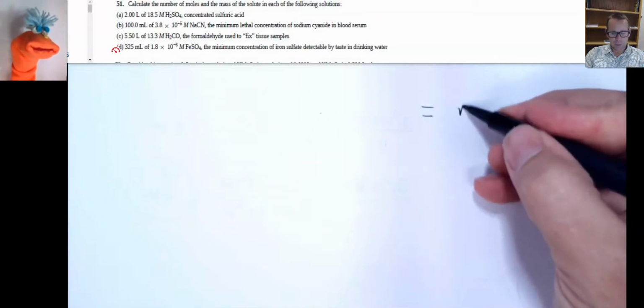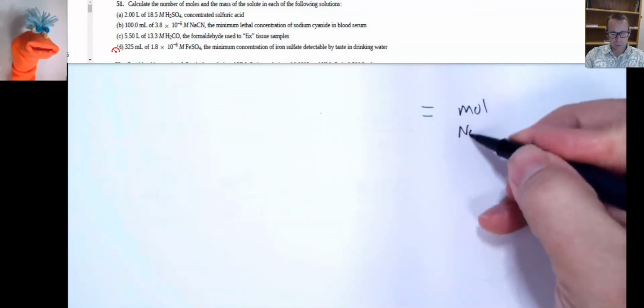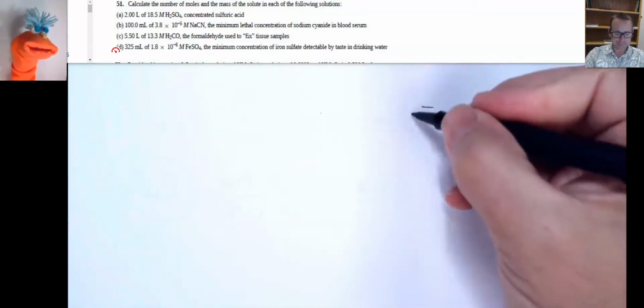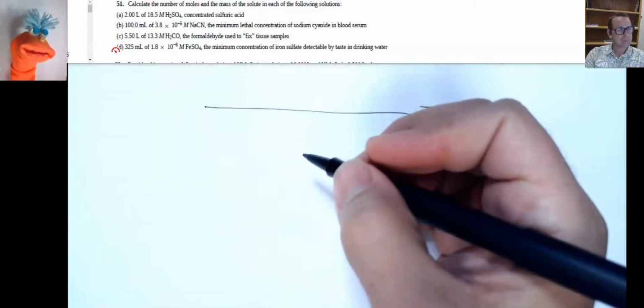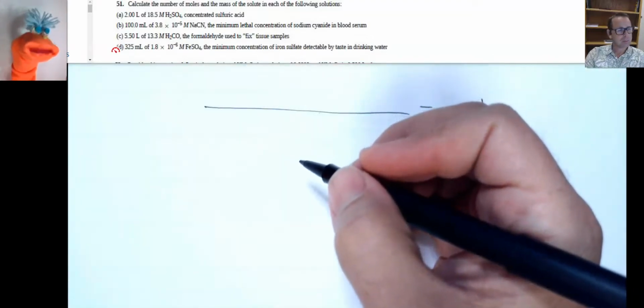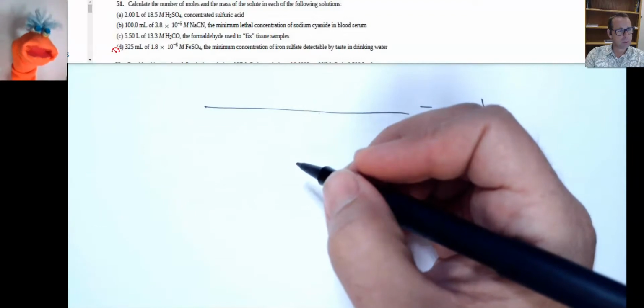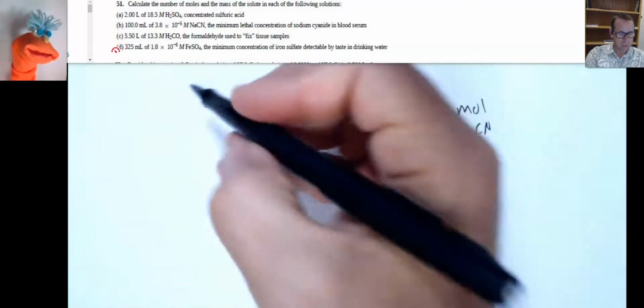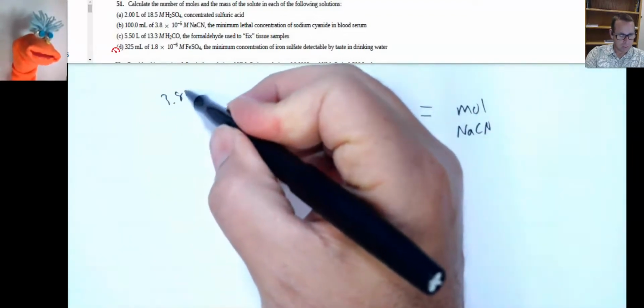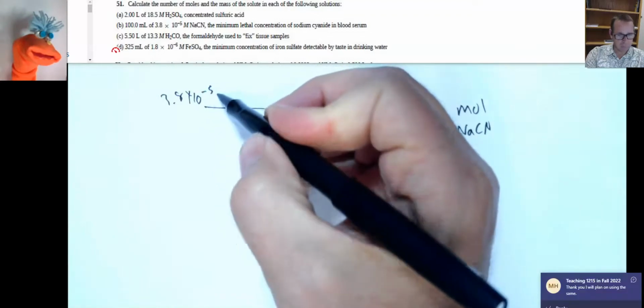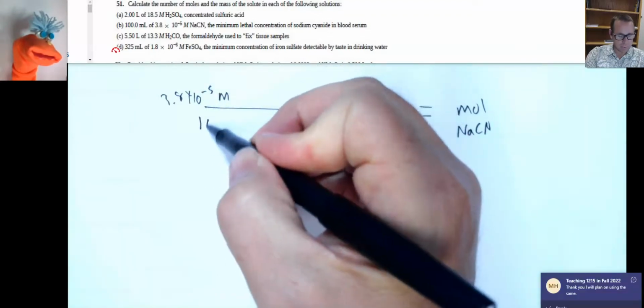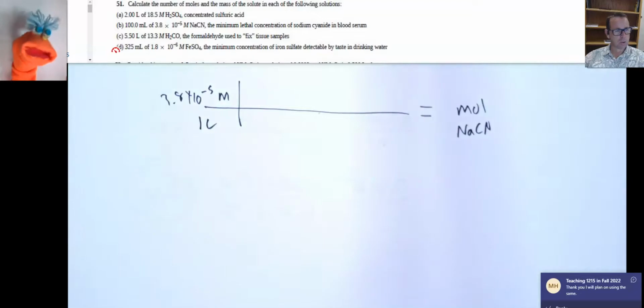Moles? Yeah, let's start with moles of the sodium cyanide. Then what? We could start with 3.8 times 10 to the minus 5, or the 100 milliliters. I'll go with 3.8 times 10 to the minus 5. That's moles for every 1 liter, right? Is that moles or moles per liter? Big M, so it's moles per liter. Okay.